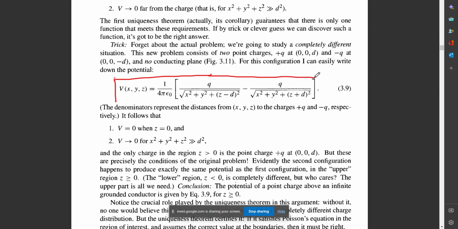So the whole potential will be V of x comma y comma z equals 1 upon 4 pi epsilon naught times that. This is the method of images.